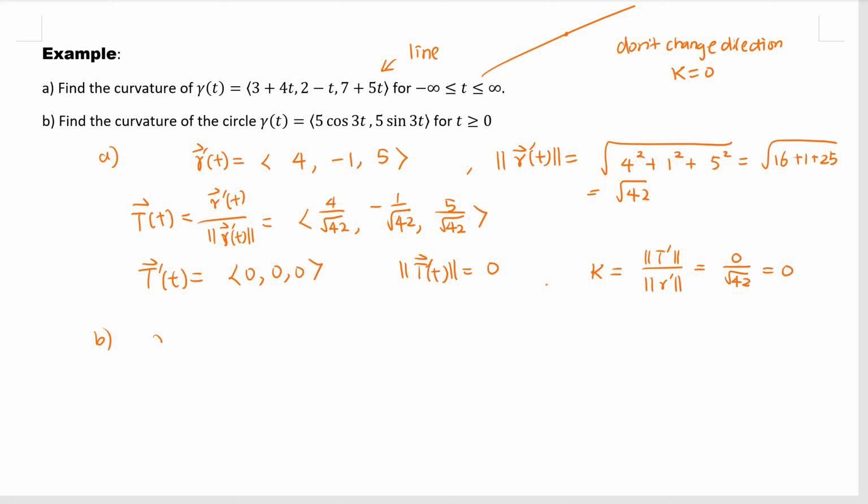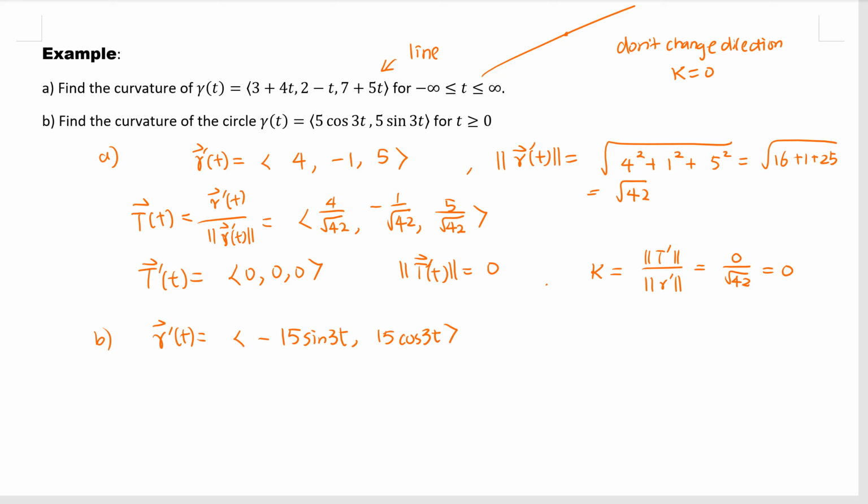So we repeat the same process. First the derivative of 5 cosine 3t. The derivative of cosine is minus sine, but because of the chain rule, we have an extra copy of 3 multiplied by 5, so minus 15 sine 3t. The derivative of sine is cosine, and 3 times 5 is 15 cosine 3t.